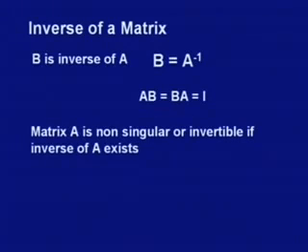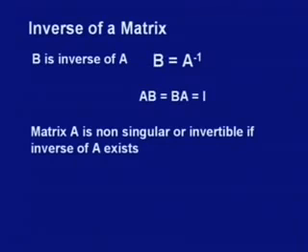This is a very important property of matrices. We say a matrix A is non-singular, or invertible, if the inverse of A exists. It may not exist for every matrix A, because first, A has to be a square matrix, only then are AB and BA possible.